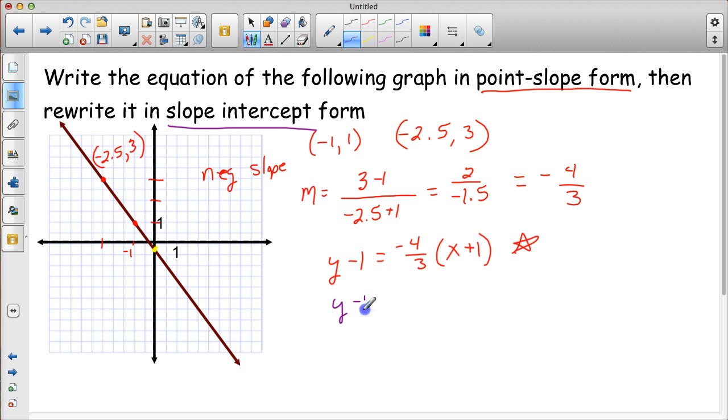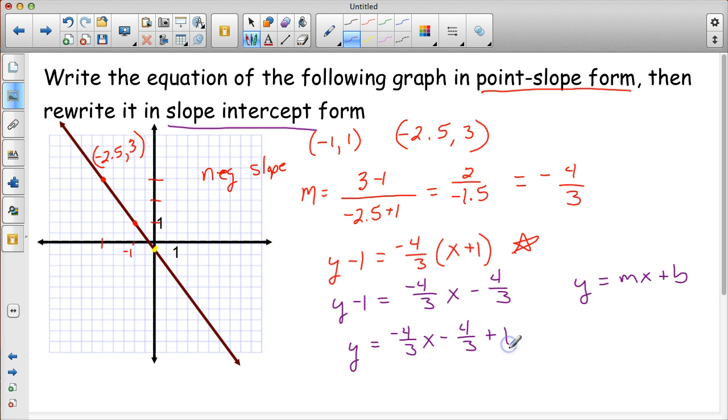So I get y minus 1 equals -4/3 times x minus 4/3. Now, I still need to solve for y, because slope-intercept is y equals m times x plus b. So I have to add 1 to both sides of my equation. So y equals -4/3x minus 4/3 plus 1.